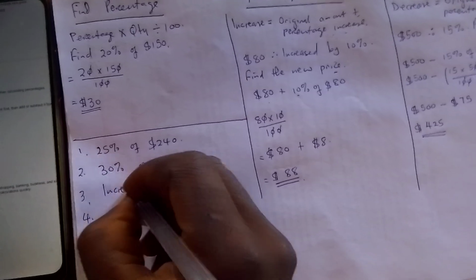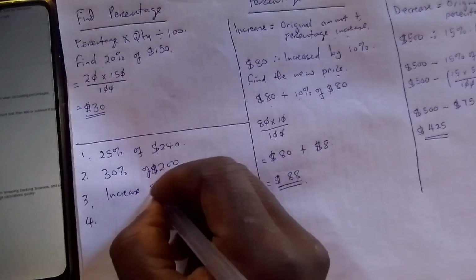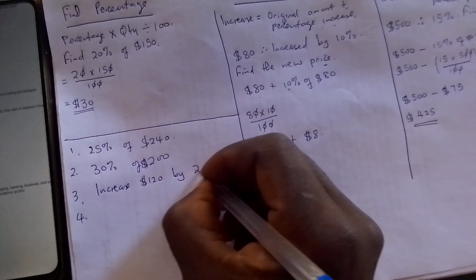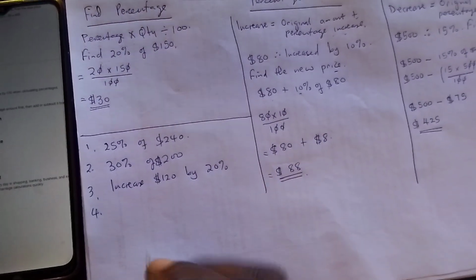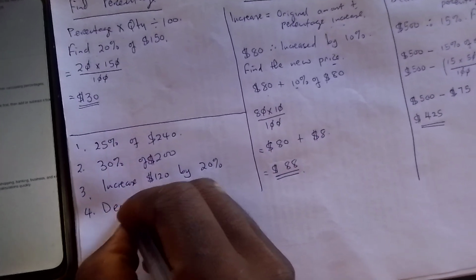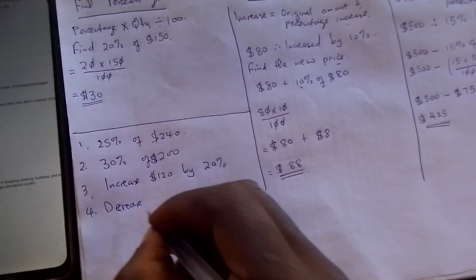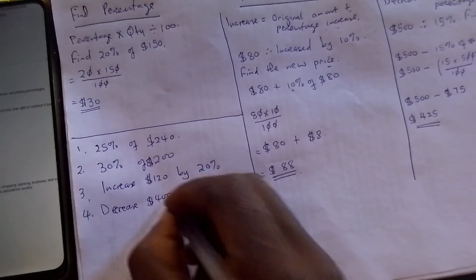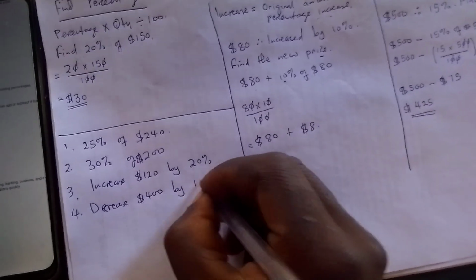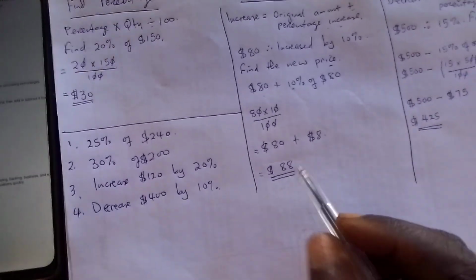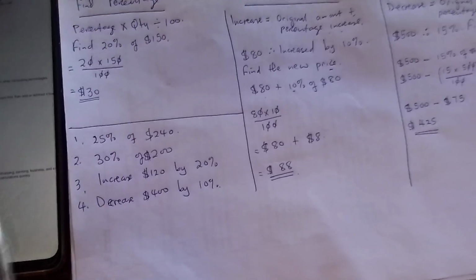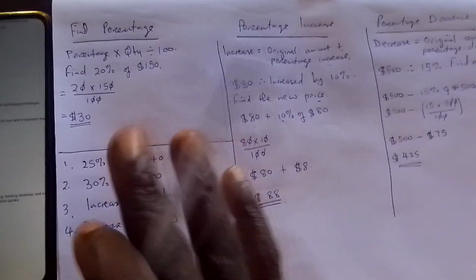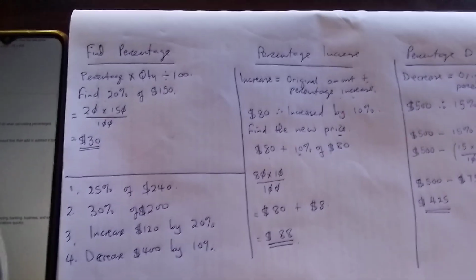Increase $120 by 20%. The last question is decrease 400 by 10%. So when you are done with these questions, just post the answers in the comment section and we are going to engage. I will comment on your answers.